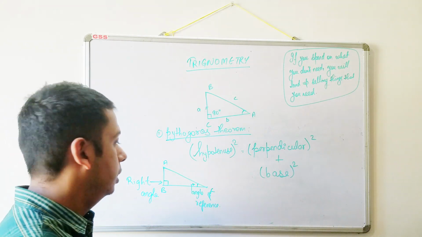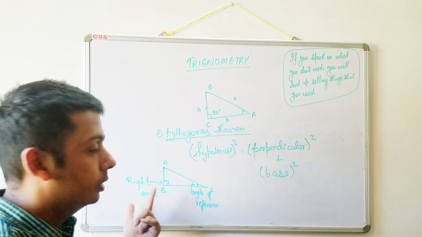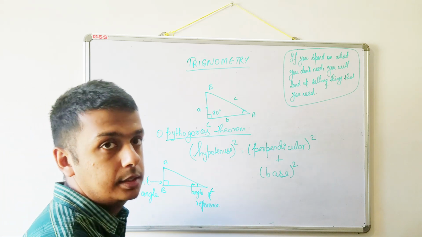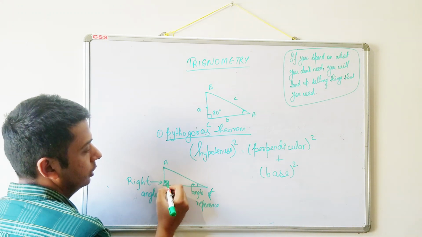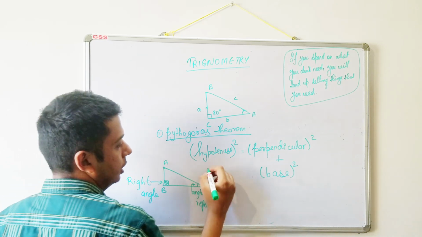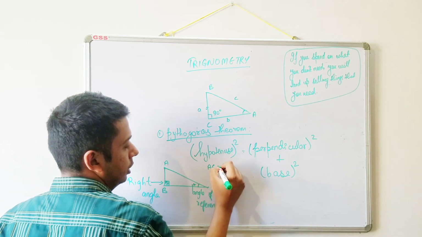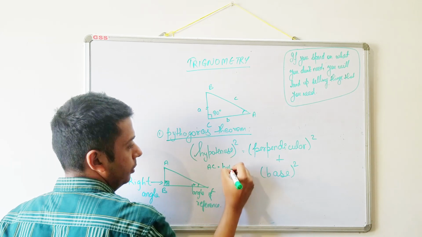So the side which is opposite to the right angle is known as hypotenuse. So in this case, this is my right angle. So side opposite to that, AC, is equal to hypotenuse.